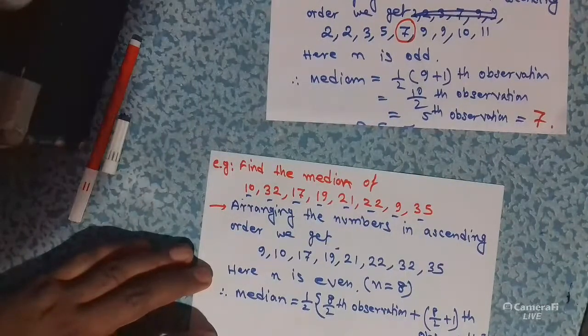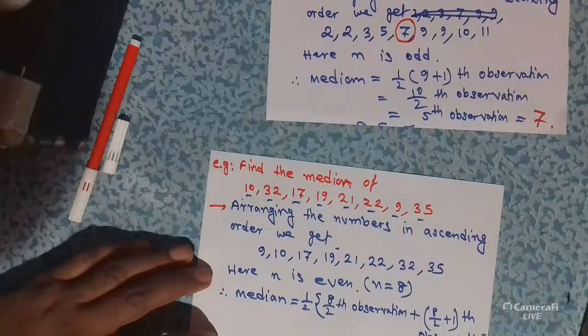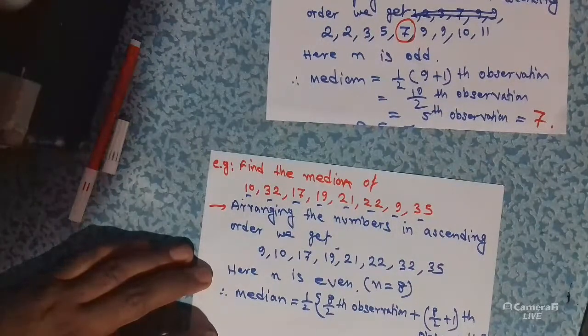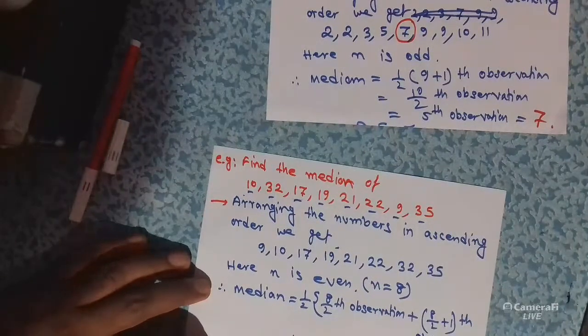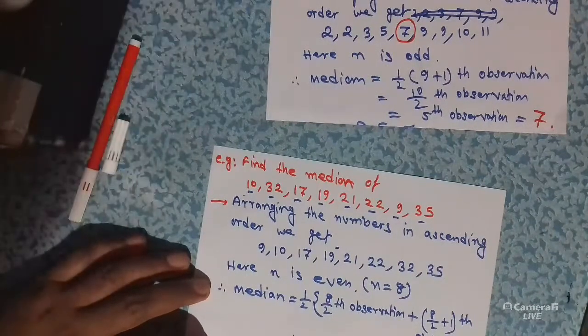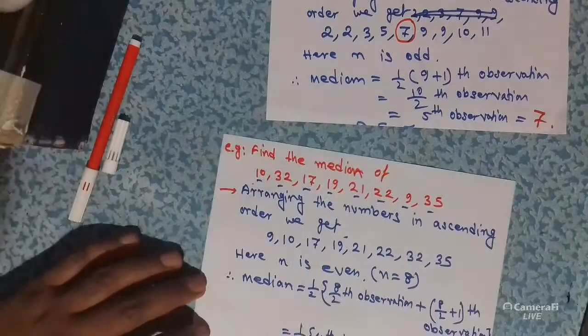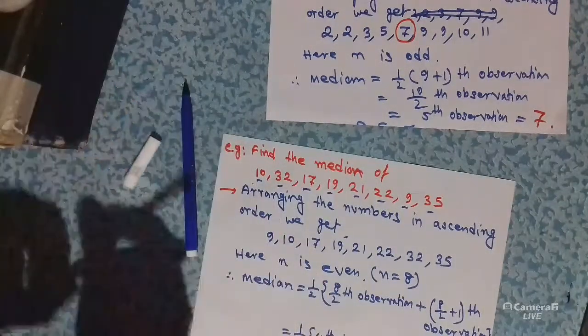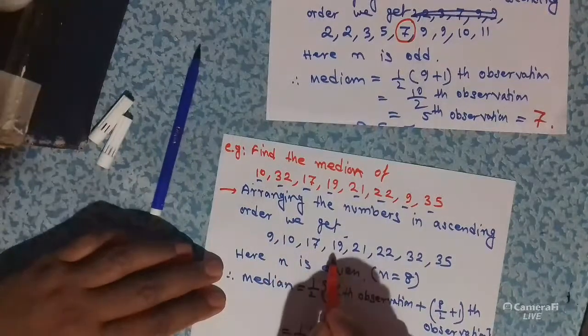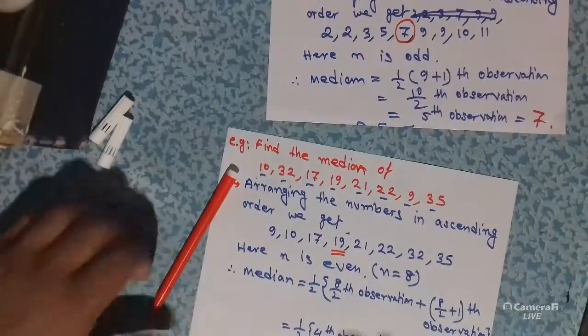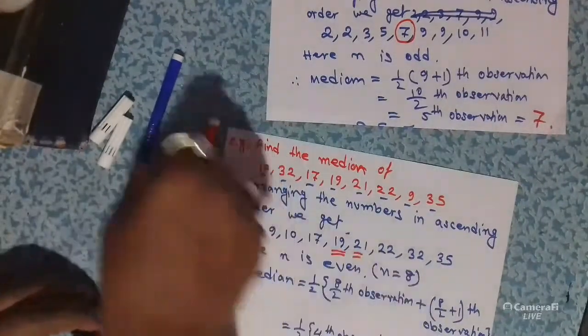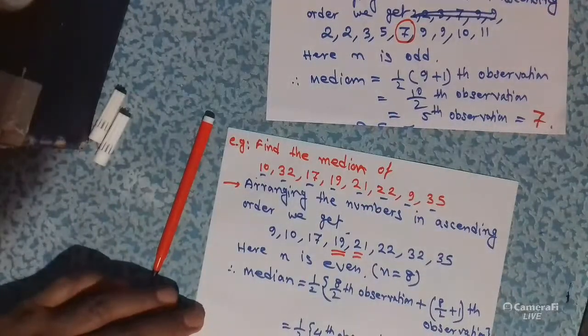So 8 by 2 is the 4th observation, plus 4 plus 1, the 5th observation. Count the 4th observation: 1 2 3 4. So you must write 19, and the 5th observation is 21.